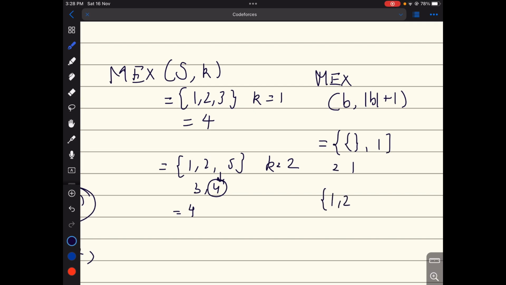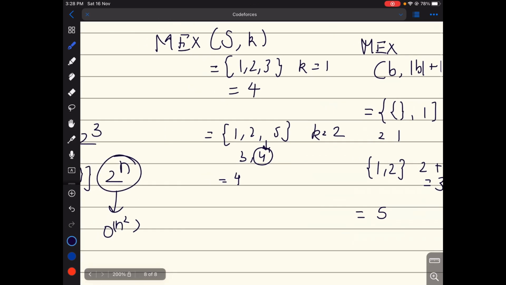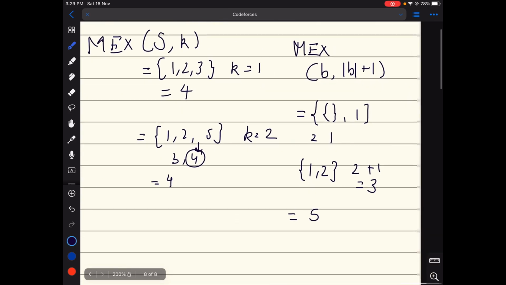If the set contains 1 and 2, the size is 2 plus 1, that is 3, and the output will be the third element not present in the set in ascending order, that would be 5, since 3, 4 and 5 are not present and 5 is the third element. And then we need to evaluate the sum of all these values. So I hope the question makes sense.